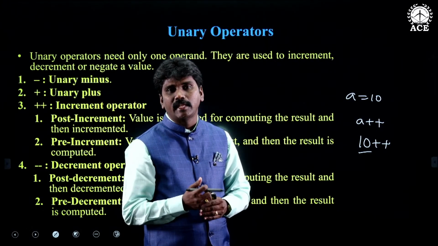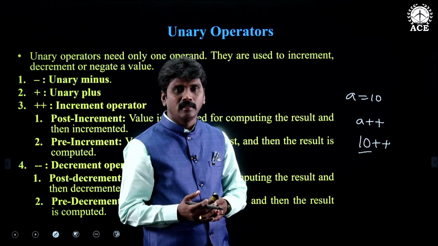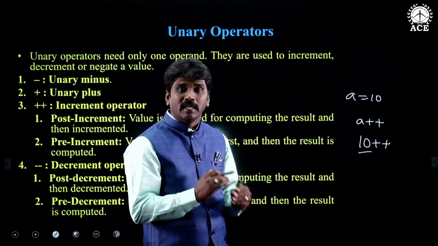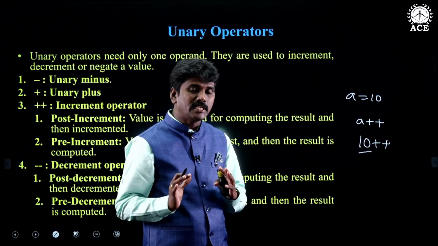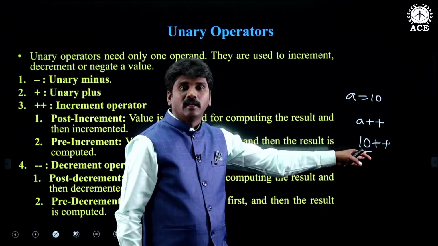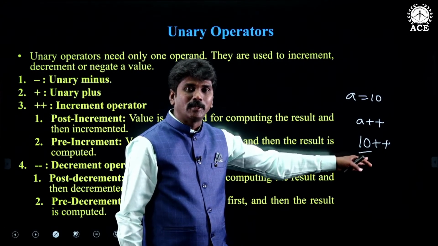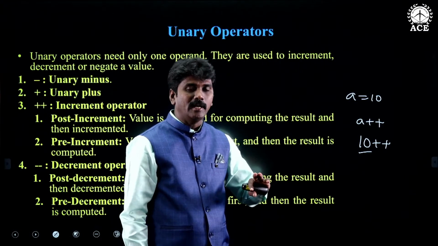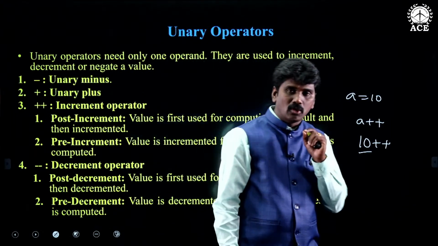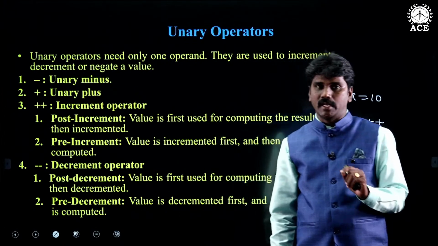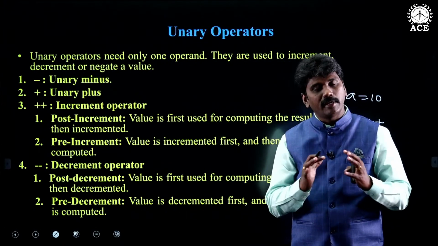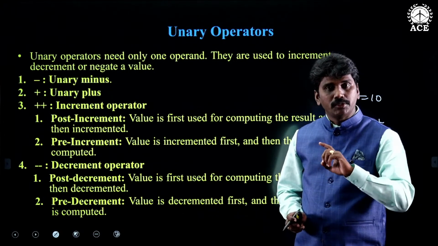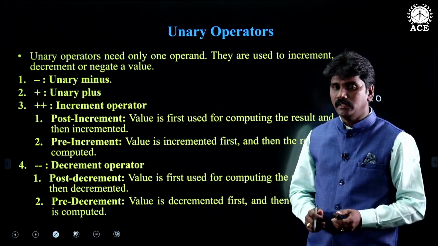We can say 10 plus 1 is 11, but in the same manner, if we try to increment 10 plus plus, the output is going to be a compilation error, meaning the program will not be compiled properly. So the most important point is, whenever we use the increment and decrement operator, we have to use a variable. We should not use constants. That is the important point.